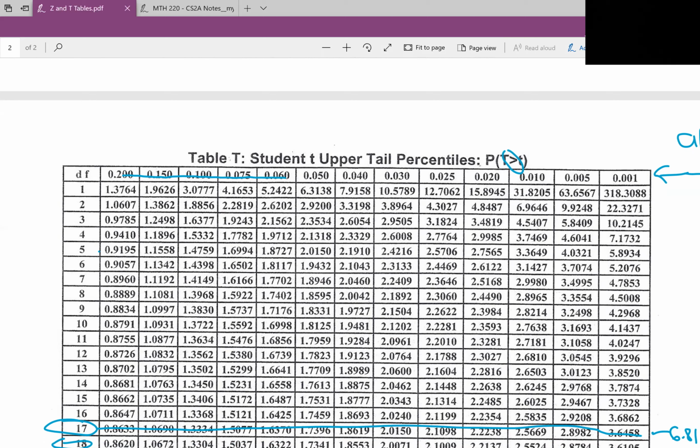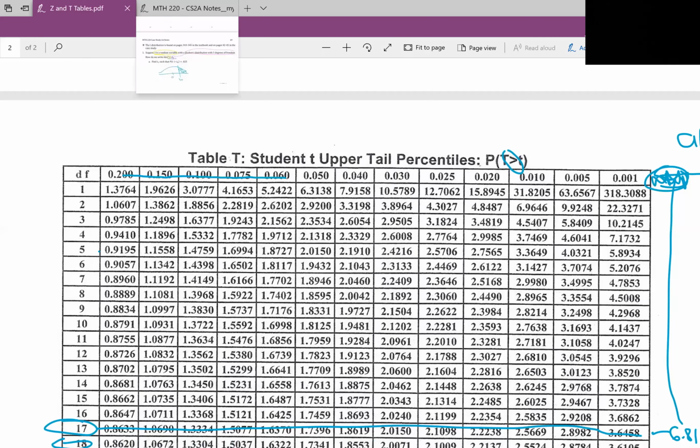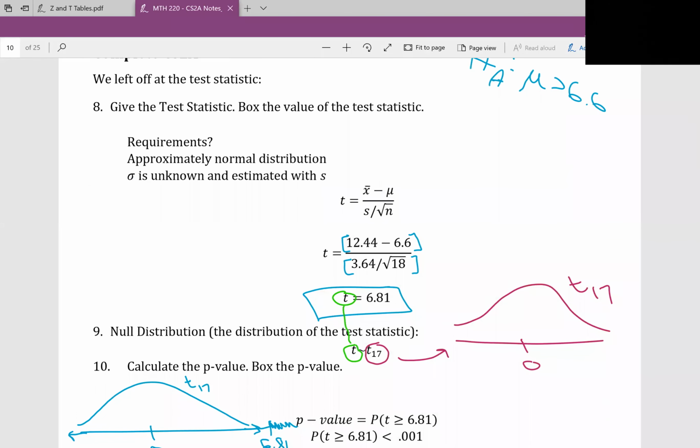So what do I know about 6.81? If I were to go to the top and pick off this area, this number right here would be smaller than 0.001. So that makes our answer, that was my p-value statement, that the p-value is smaller than 0.001.